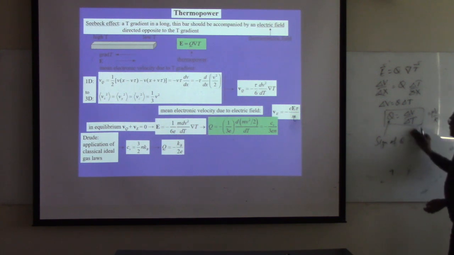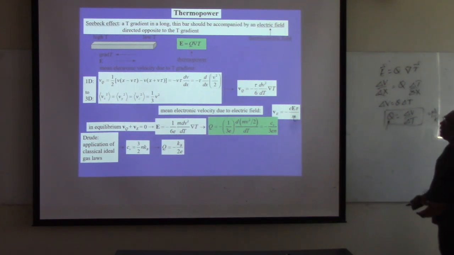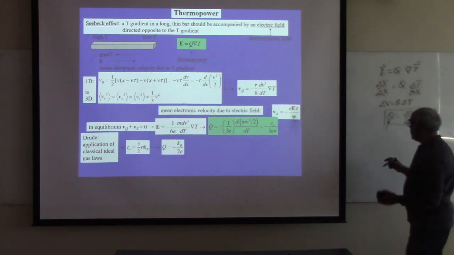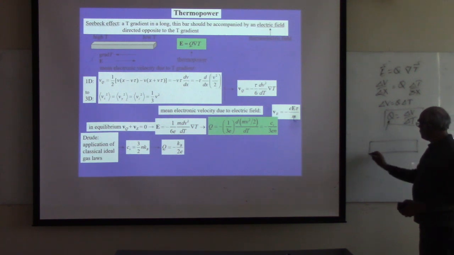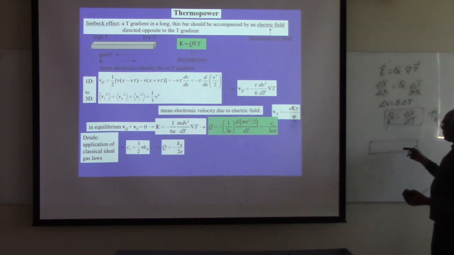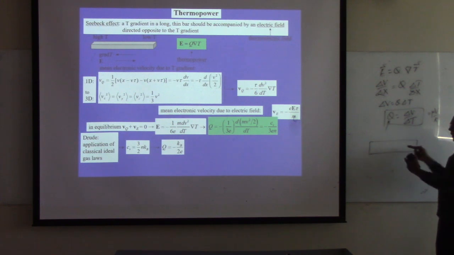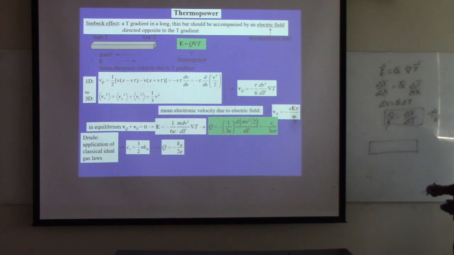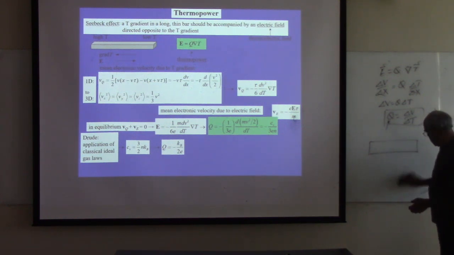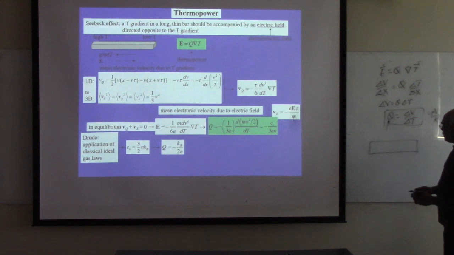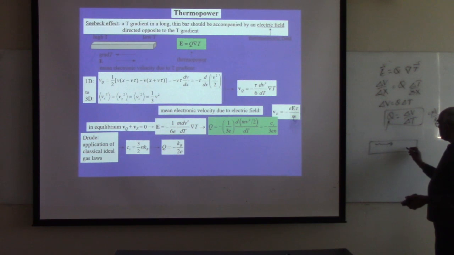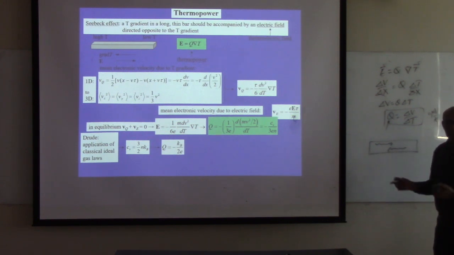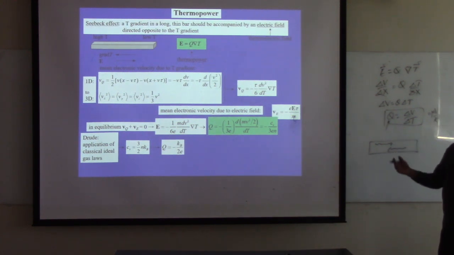Okay, so now we can calculate your thermal power in a very basic way. Like I said, when I maintain this delta V, we have this temperature difference, right? That's because you have charges moving from one end to the other. Some carriers move in one direction, other carriers move in the other direction, depending on the charge, positive or negative.